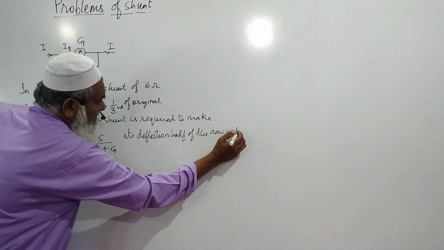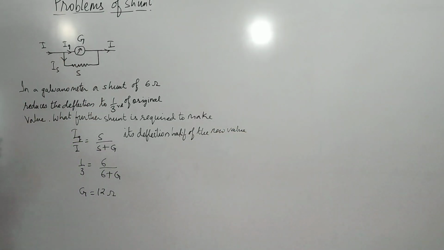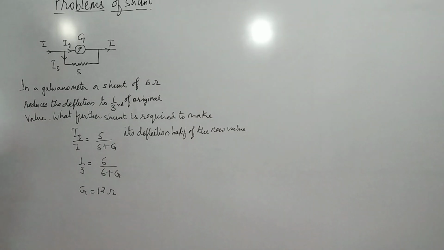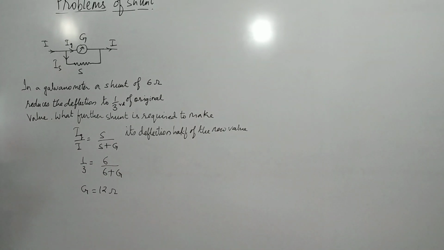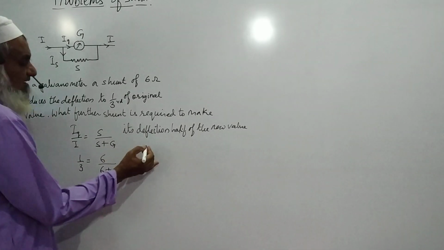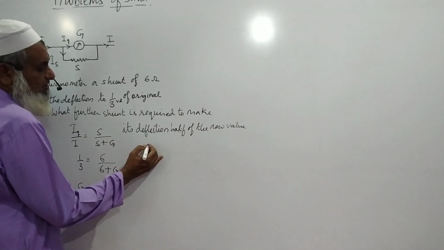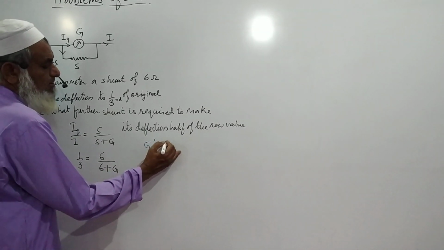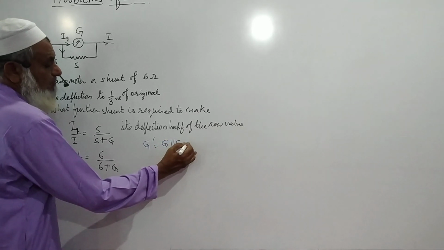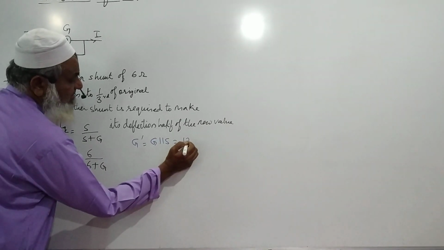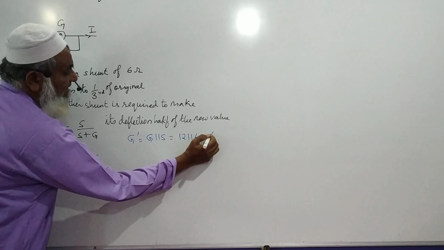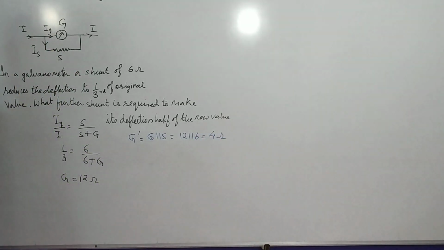Whatever deflection has been obtained after the first shunt, that again should be reduced to half. So now what I can do here is find G parallel S, that will be the new resistance of galvanometer, G dash. So that will be 12 parallel 6, that is equal to 4 ohm.